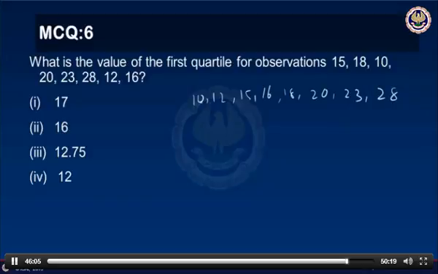We have arranged it in ascending order of magnitude, and there are 1, 2, 3, 4, 5, 6, 7, 8 observations.